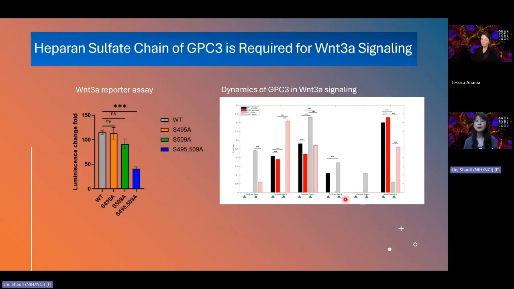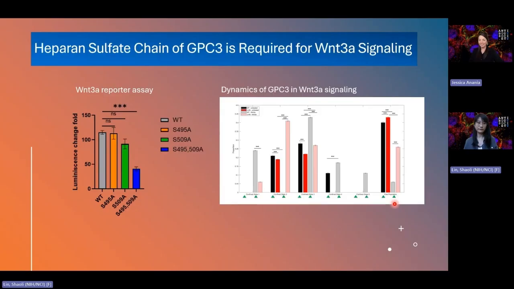And also, we identified a free diffused state for GPC3 on the cell membrane. And we can see from here, after treatment of Wnt3A, most of the confined states are increased, while for the free diffused states, we see a dramatic decrease for the GPC3 molecules, which is around 80%.